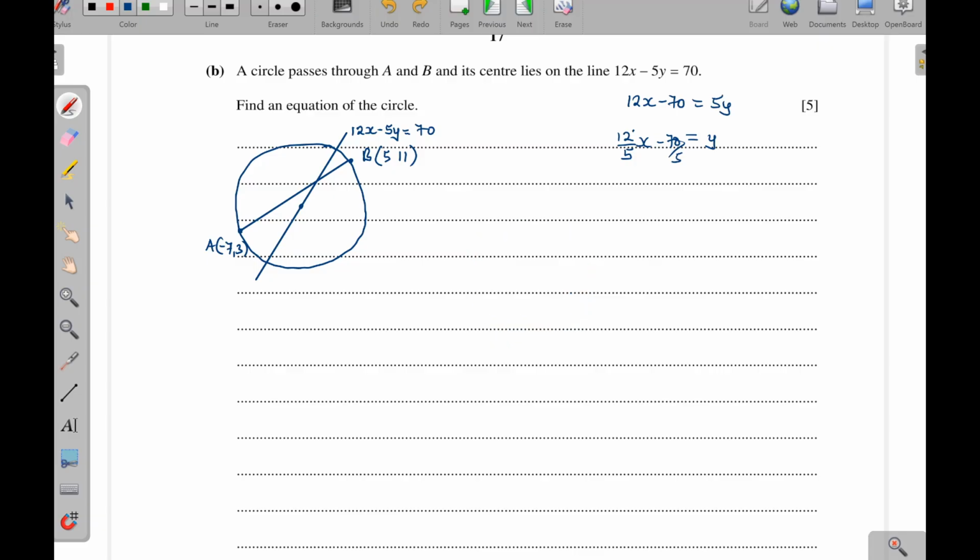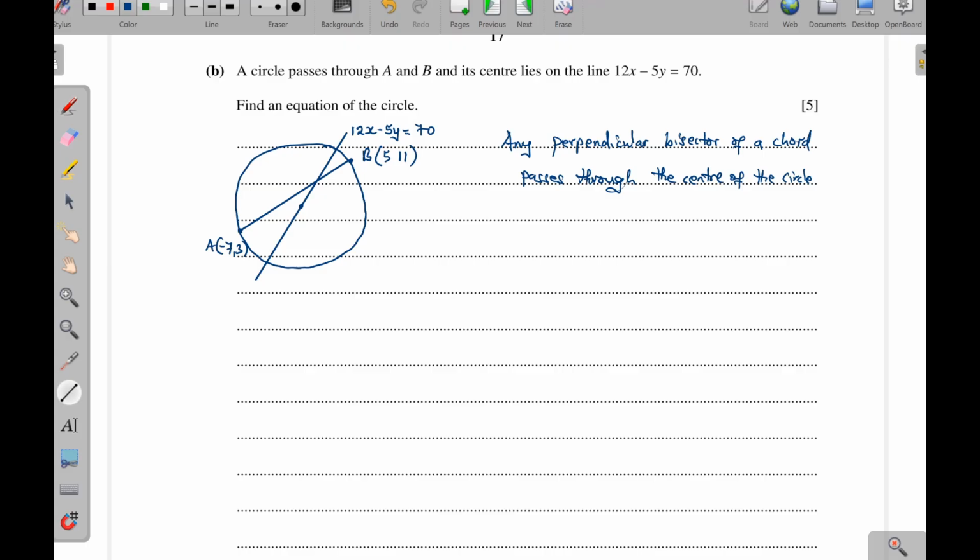So I will say any perpendicular bisector of a chord passes through the center of the circle. So what does this mean? We shall get the perpendicular bisector of AB, which is like that. Then it has to pass through the center of that circle.